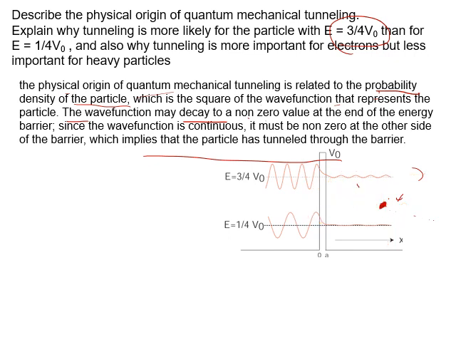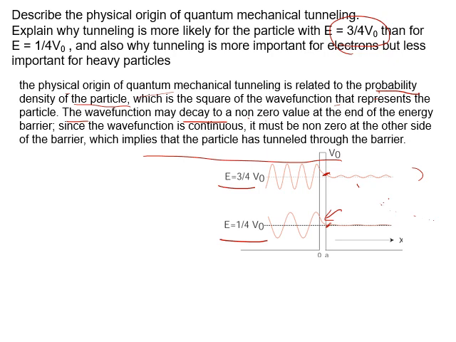And you can see here the low energy wave function decays much faster than the higher energy one. So the wave function on the other side has a much larger value than the wave function with low energy. So it is more likely to tunnel.